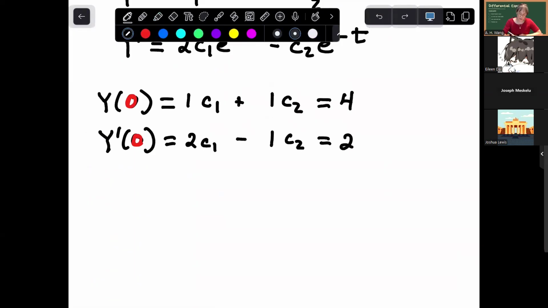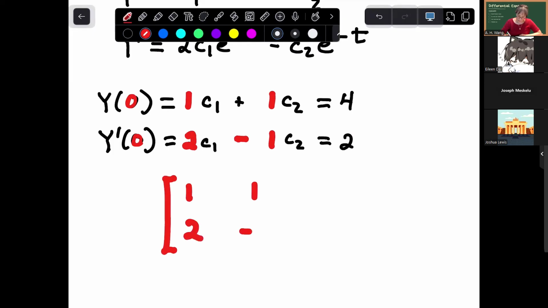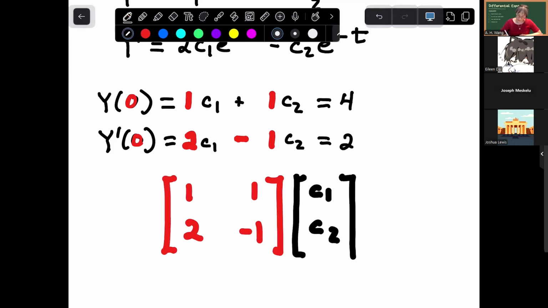So what you want to do is notice that these are the coefficients. You're going to practice writing this as 1, 1, 2, -1, and then C1, C2, and then 4, 2. Does everybody see?